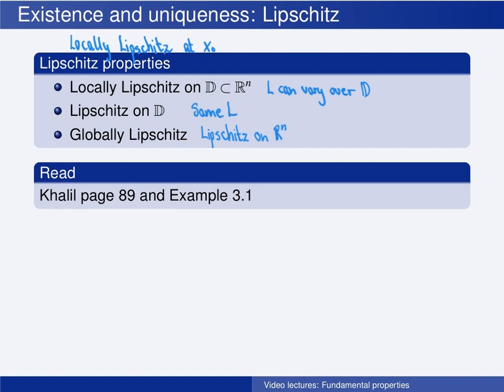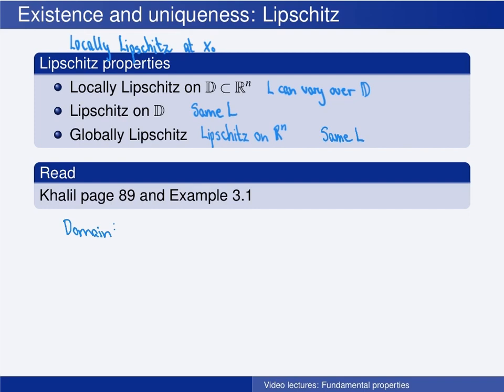In other words, the Lipschitz condition has to be satisfied with the same L, the same Lipschitz constant, at any point in the state space. You can read more about this at page 89 in Khalil, and I also recommend that you go through example 3.1.